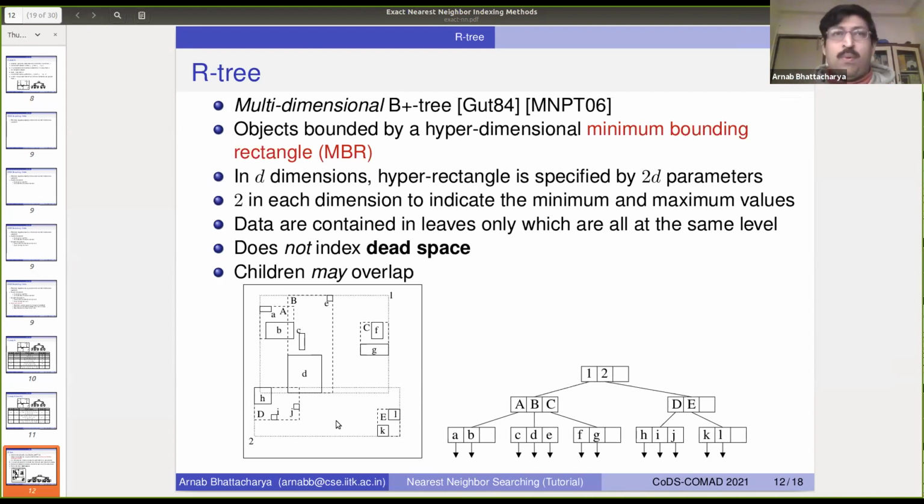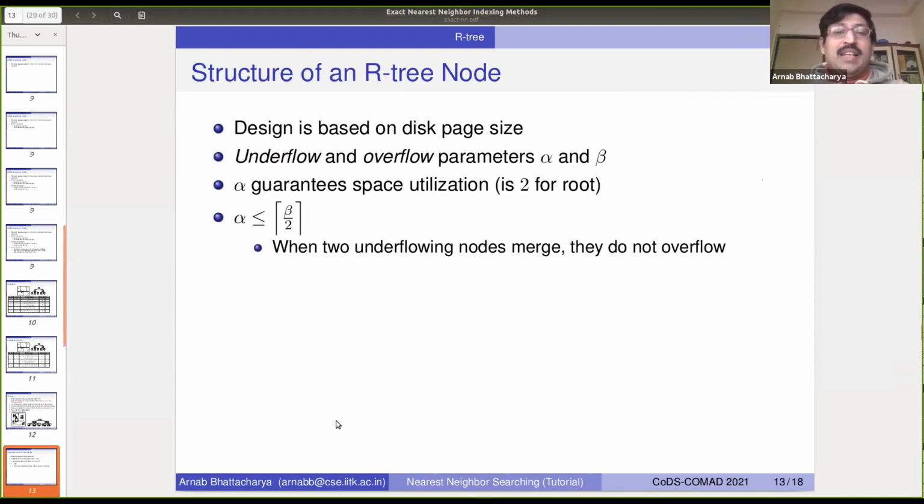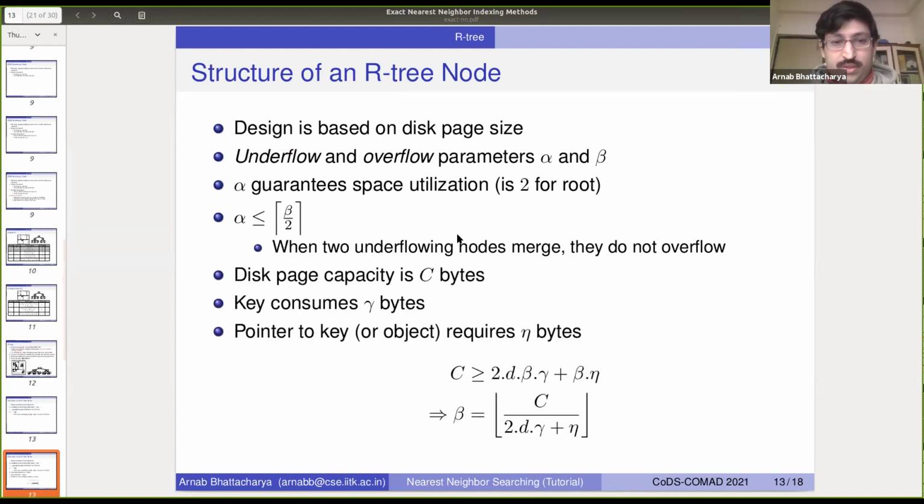So there is a whole way efficiency is decided, on which children you explore first, and so forth. But the structure of the R tree node is very similar to the B plus tree node. Instead of a single key, they have these 2D parameter keys. And then there is an underflow parameter and an overflow parameter. It must have at least that many children, at most that many children, and so on.